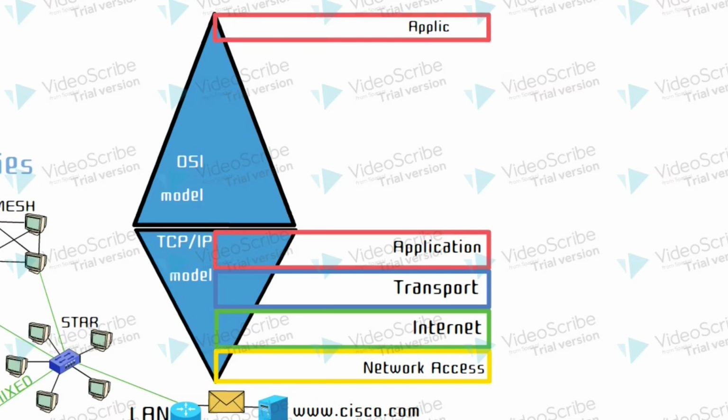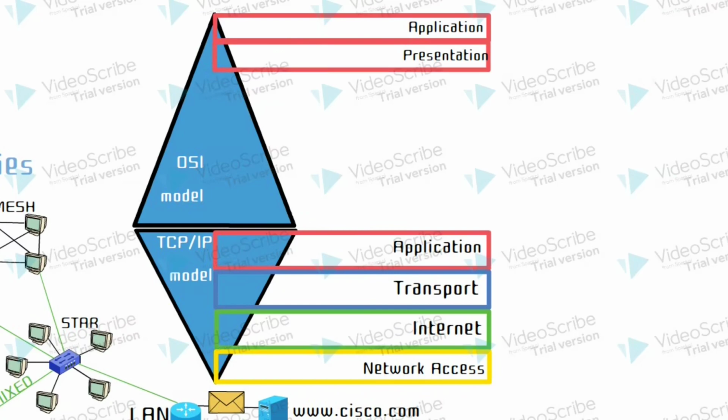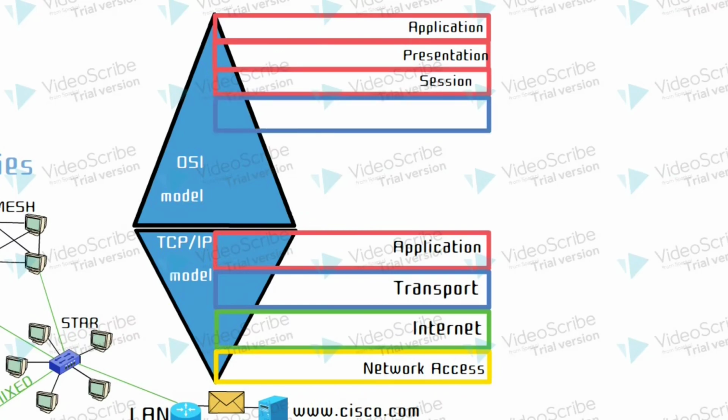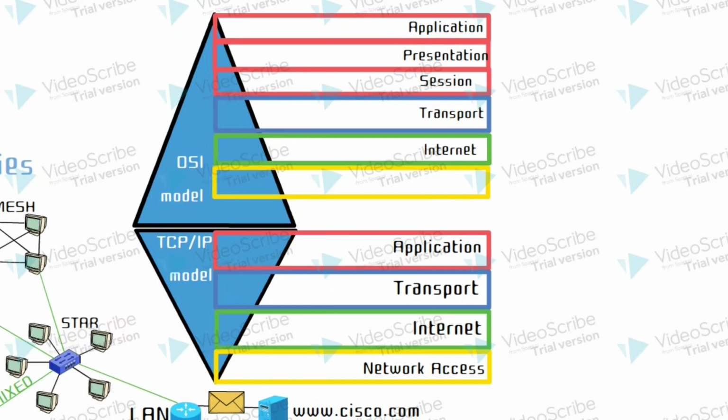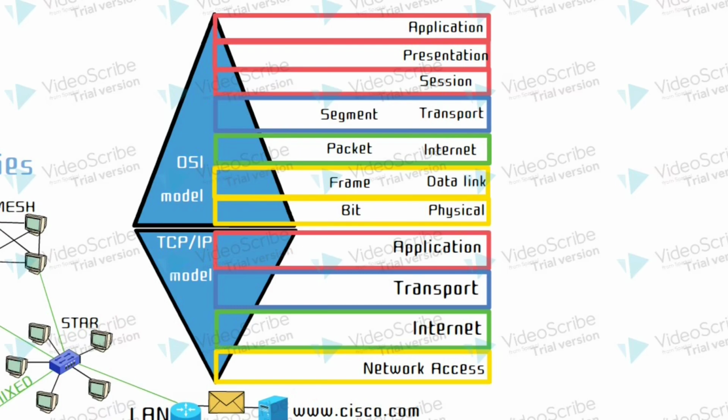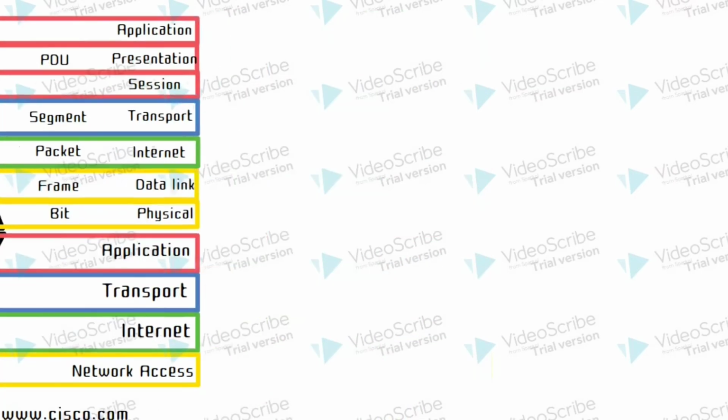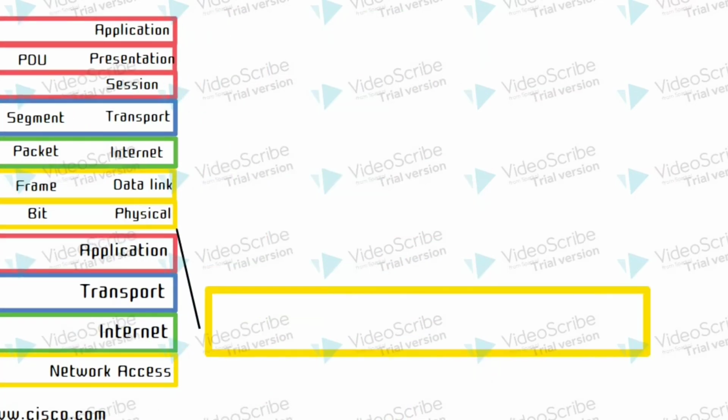Now the application layer consists of application, presentation and session layers, and network access is replaced by data link and physical layers. All the layers have their own units of data. Today I'll explain the OSI model.